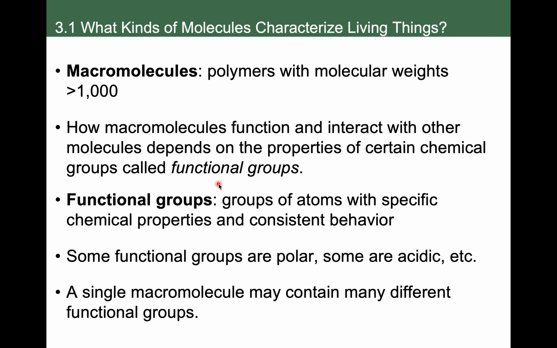You may have seen this term before, but functional groups are just these chemical groups that could be added or removed from molecules that are going to bestow certain chemical properties upon the molecules that carry them. So you could have functional groups that are polar or nonpolar or acidic or basic, and by adding those to one of these polymers, we make that polymer polar, nonpolar, acidic, basic.